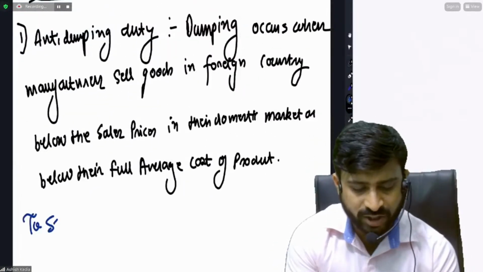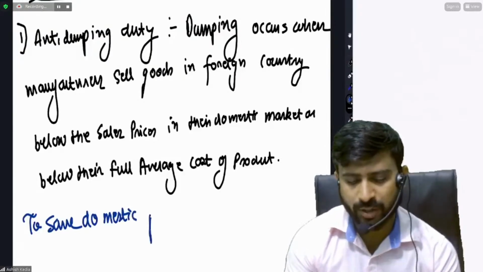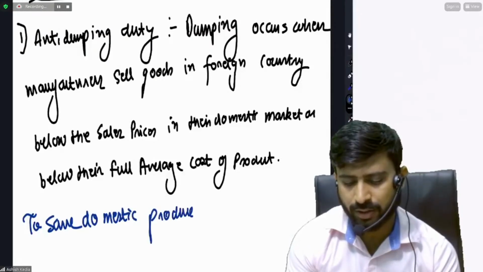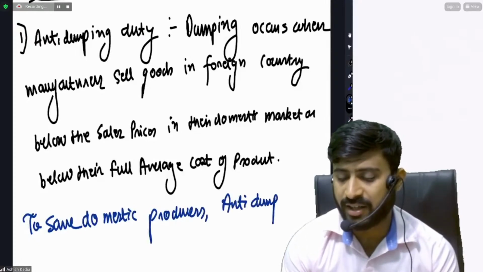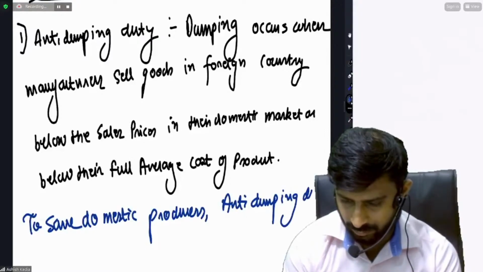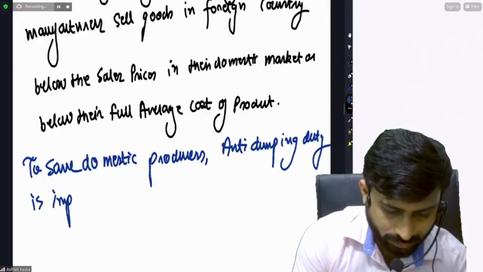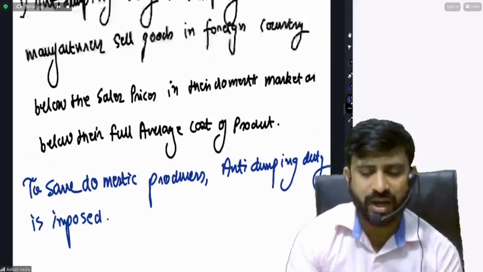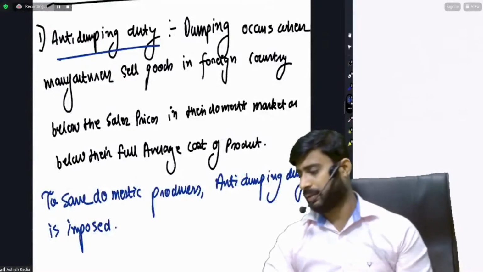So to save domestic producers, you will understand anti-dumping duties are imposed. Government imposes anti-dumping duty.